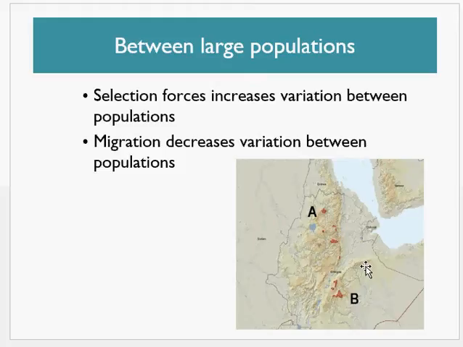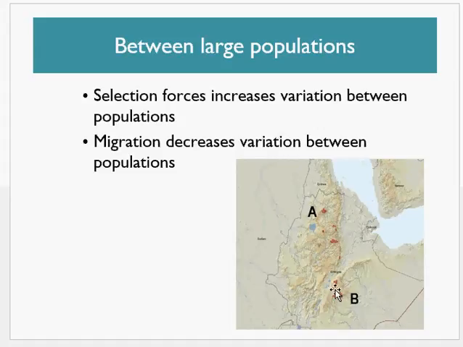The reason why selection increases the variation between populations is that, for instance, population B down here will have very different environmental factors to population A up here. So A may be further away from the equator, so it may be drier. B may be wetter.